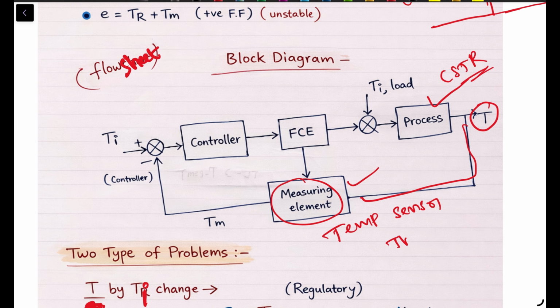It may be a thermometer. This sensor measures the reactor temperature and converts it into a signal called Tm, the measured signal. This is sent to the comparator.